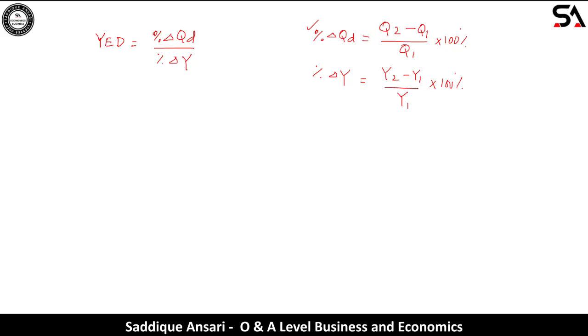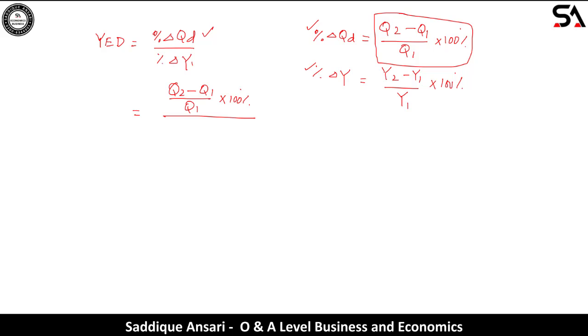Now let's put these values in this formula. Instead of percentage change in quantity demanded, we'll put this value: Q2 minus Q1 divided by Q1 multiplied by 100%.